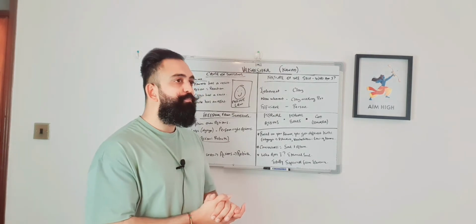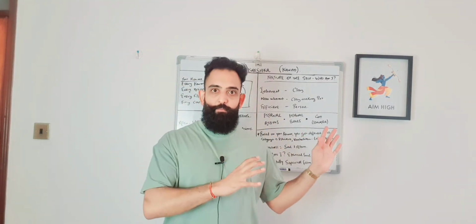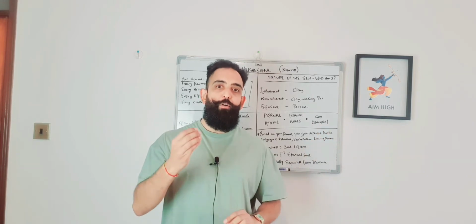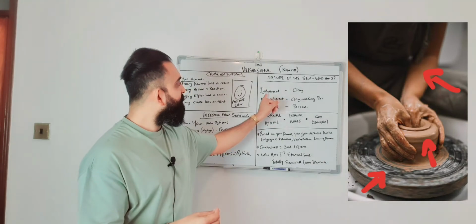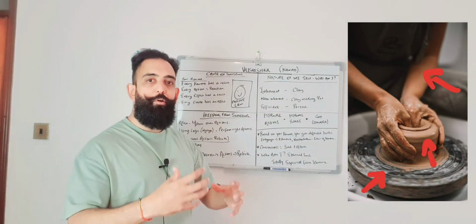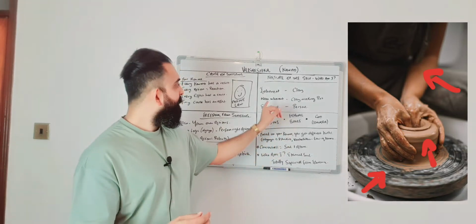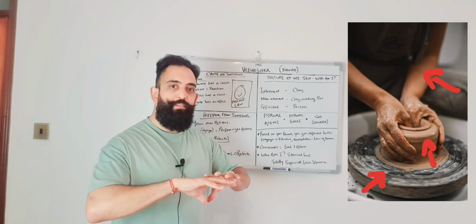If we take an example of a pot of clay, this is the example given by Vaisheshika. To make a pot of clay, what is needed is the inherent cause, the material that we need, which is clay itself. The non-inherent cause is the action.